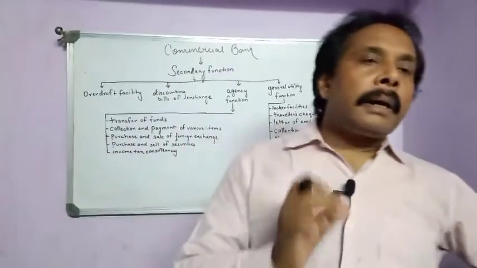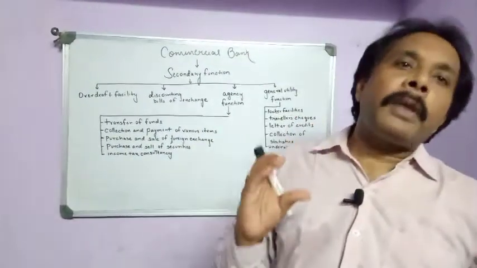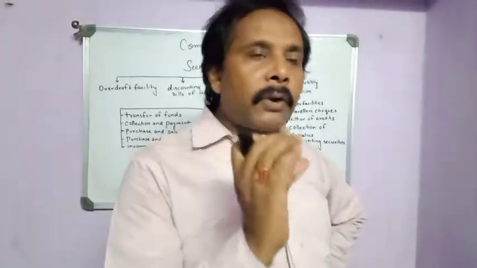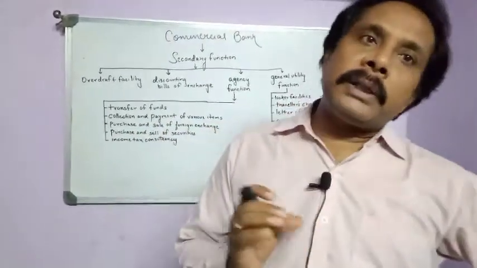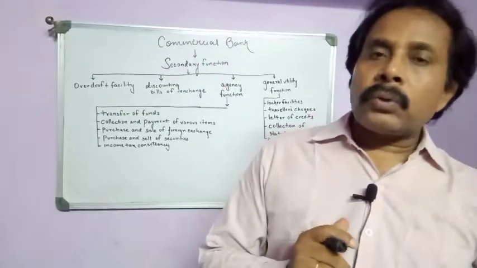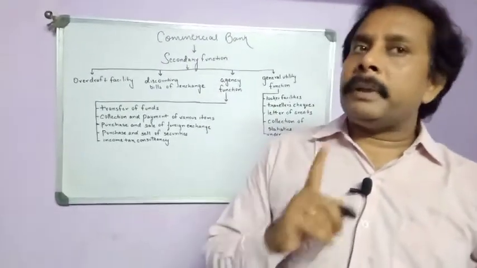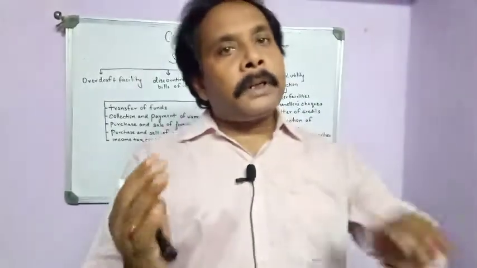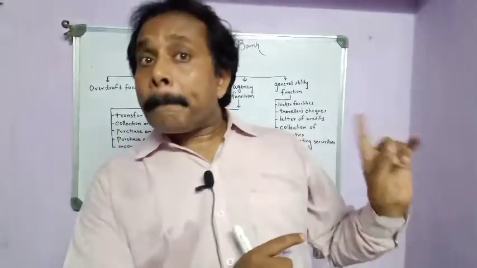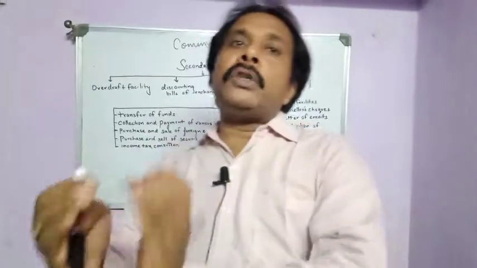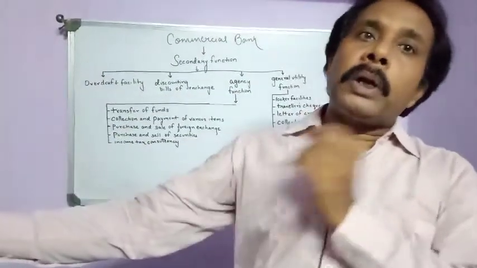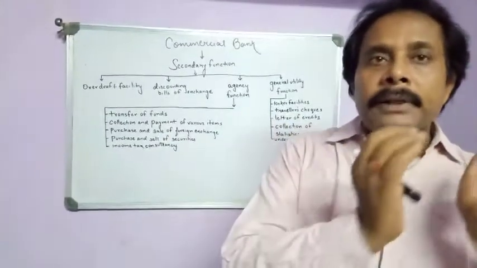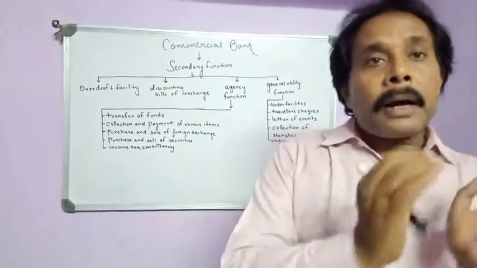Here I just want to give you one example. Suppose the value of the bill is rupees 10,000 and the rate of interest in the discounting is 10%. So 10% of 10,000 means 1,000 rupees. So 1,000 rupees will be discounted by the bank, and 9,000 rupees will be given to the person who has the bill.